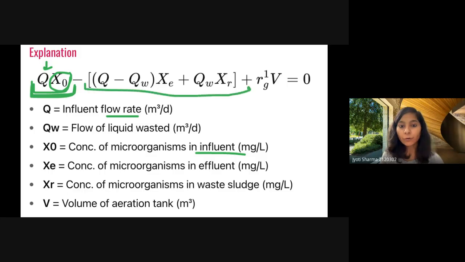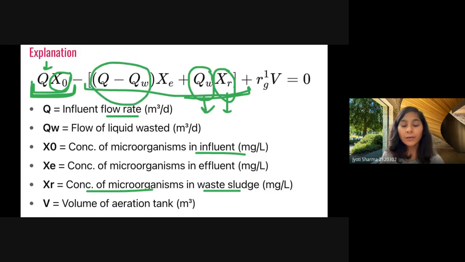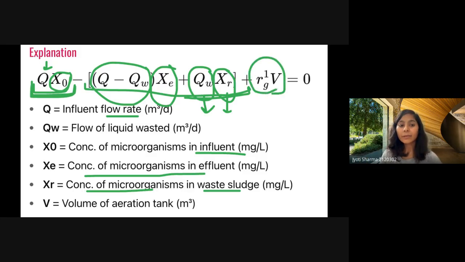This is your outflow of microorganism, and in outflow some of your microorganism will go into waste. So this is the concentration of microorganism in waste sludge, which will also have some flow rate, and this is out of your total flow rate, the remaining after wastage. And this Xe is your concentration of microorganism in effluent, so the water that is coming out, and this is your growth rate, and that will be equal to 0.